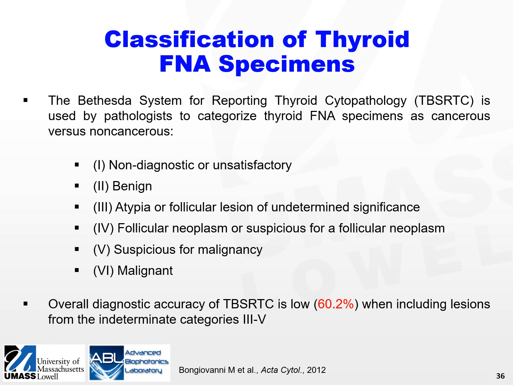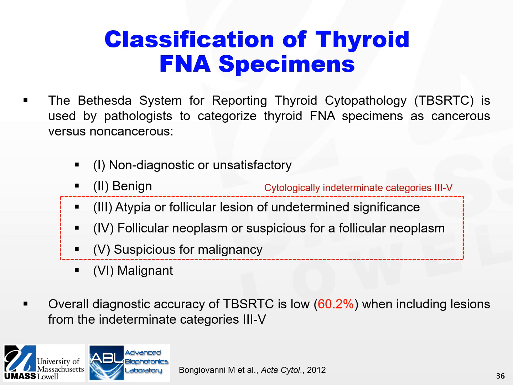Category 2 are the clearly benign lesions, whereas Category 6 are the clearly malignant lesions. Categories 3, 4, and 5 are the cytologically indeterminate categories, meaning that the cells cannot be reliably classified as cancerous or non-cancerous. Overall diagnostic accuracy of the Bethesda system is low when including lesions from the indeterminate categories.